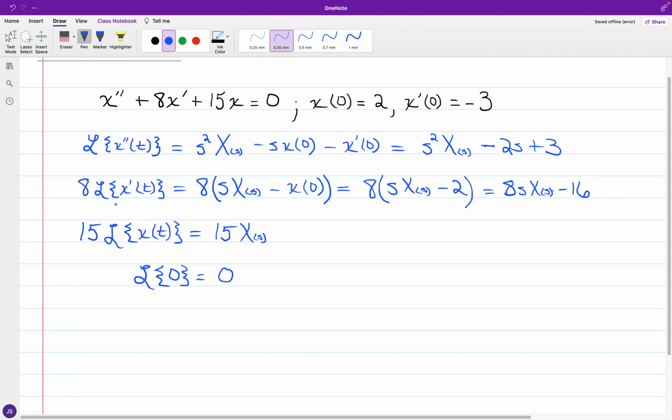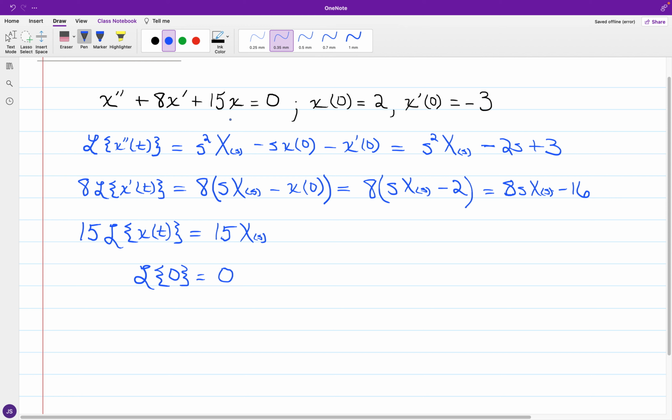And for 8 times the Laplace of the first order derivative, I have 8 times the quantity of s times the Laplace x of s minus x naught, but x naught is 2, and with the distribution we have 8s times the Laplace x of s minus 16.